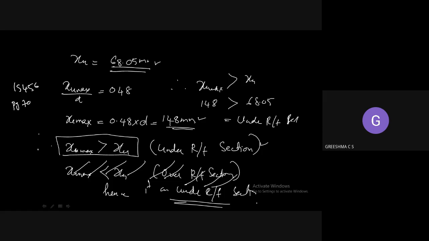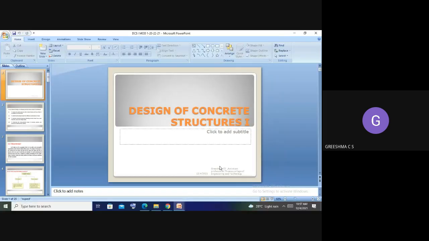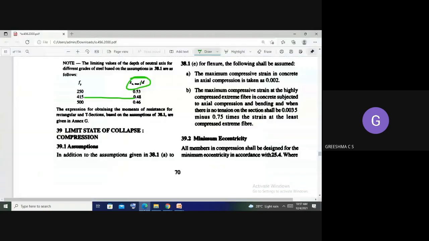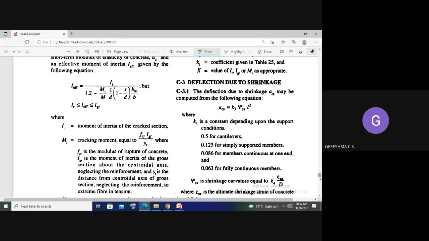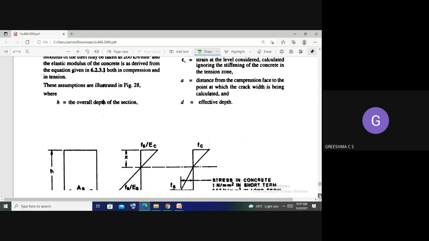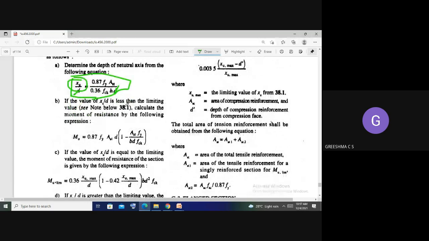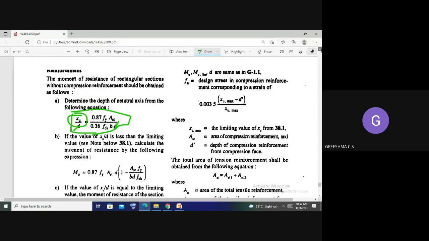Now, how do we find the moment of resistance of an under reinforced section? For that, again you have to refer to IS code page number 96. We know the under reinforced section and over reinforced section.